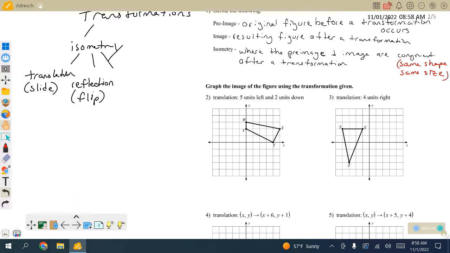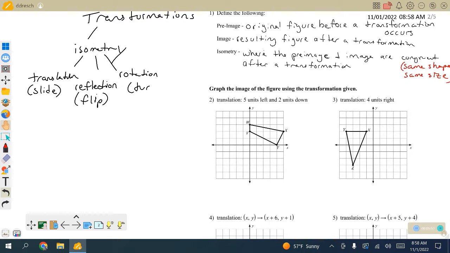And then the third one we're going to look at here today as well is the rotation. As I was saying, a rotation is a turn.